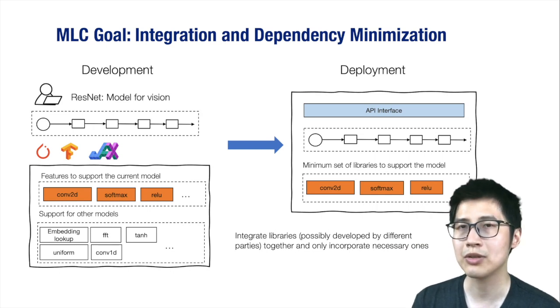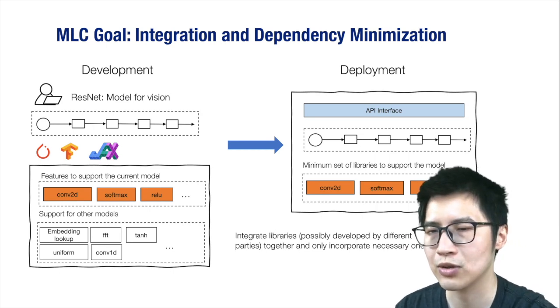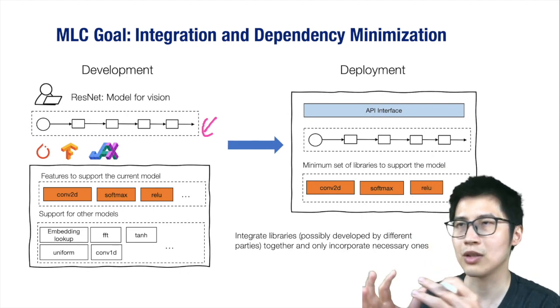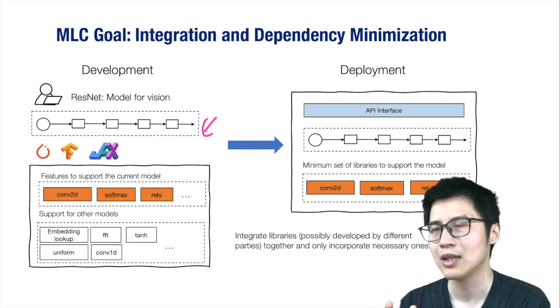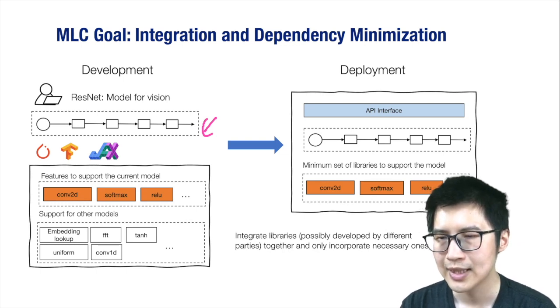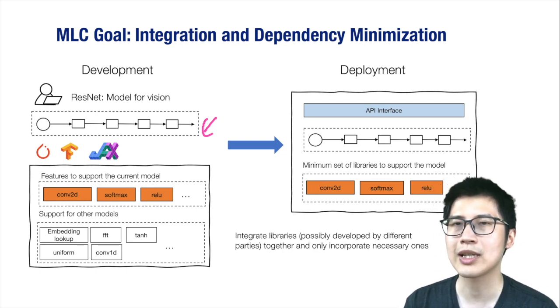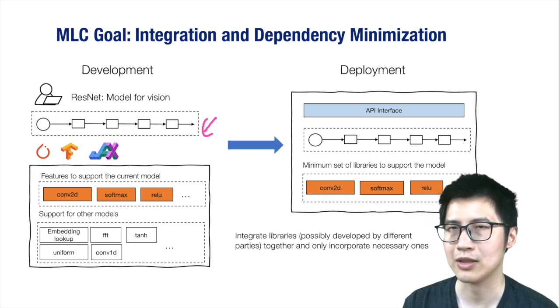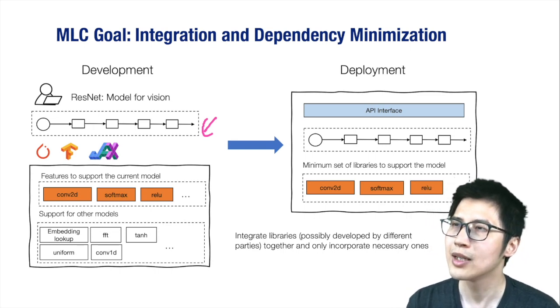We have not shown exactly what the model is, but let's just use this rough figure to show a model that contains 1, 2, 3, 4 layers and 1 input. And it is built using some of the modern machine learning frameworks like PyTorch or TensorFlow or JAX.